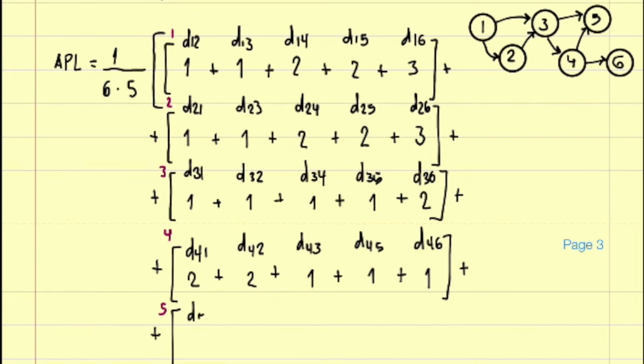Distance between 5 and 1 is 2. 5 and 2 is also 2. 5 and 3 is 1. 5 and 4 is 1, and 5 and 6 is 2.